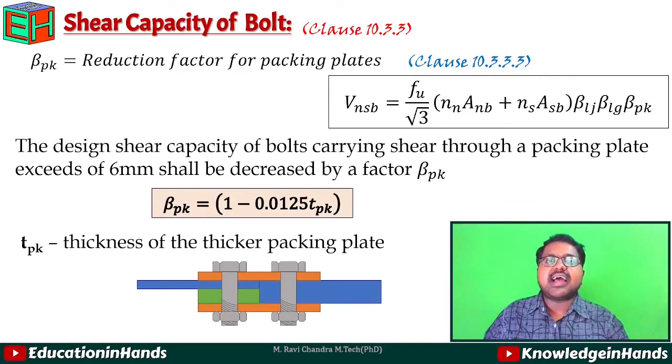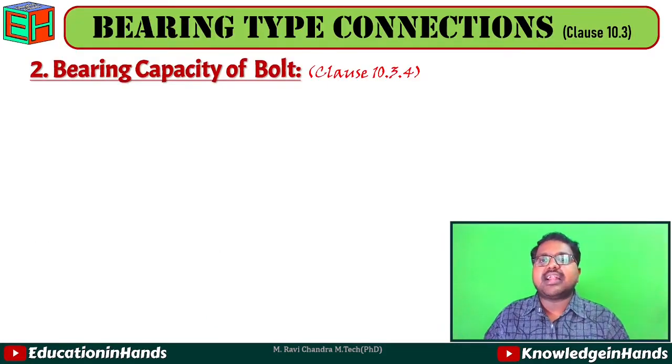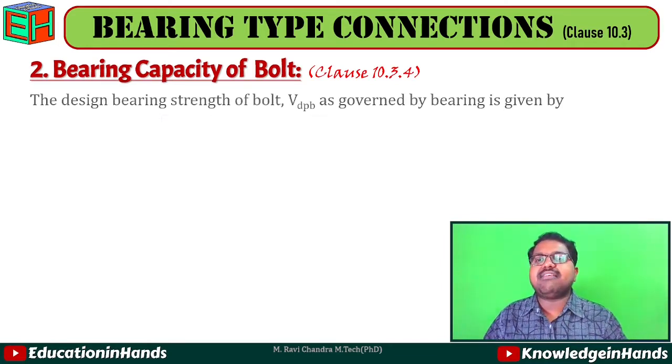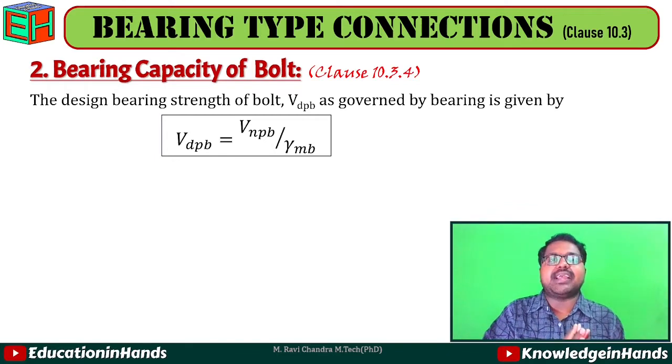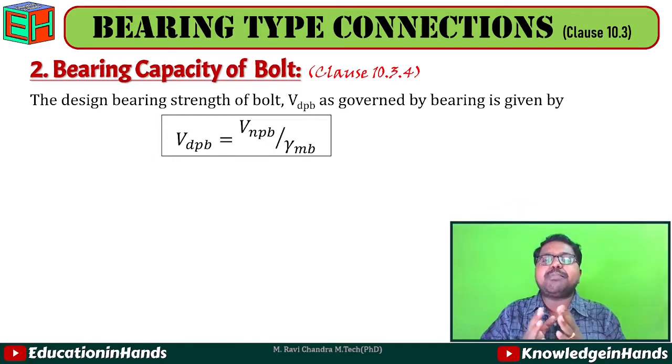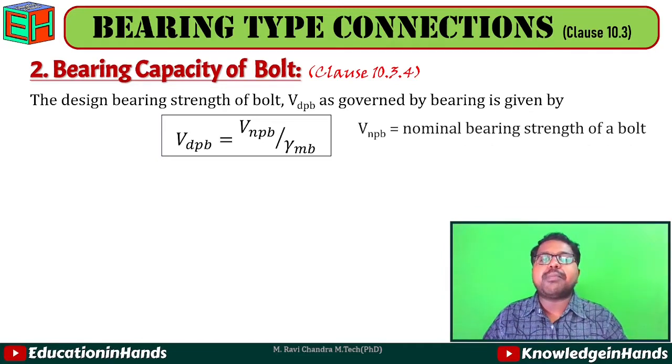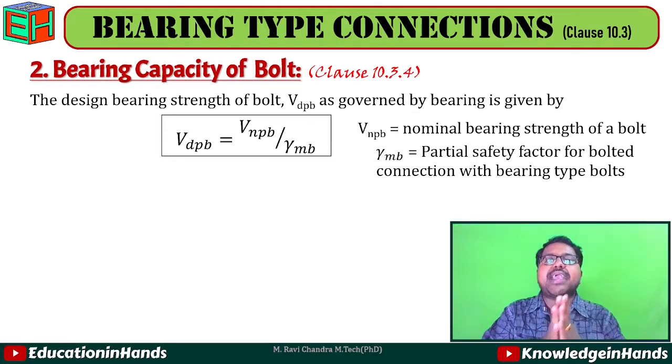Then the second failure condition is the bearing capacity of bolt, as per clause 10.3.4. The design bearing strength of bolt VDPB, as governed by bearing, is VDPB equal to VNPB by gamma MB. Here VNPB is the nominal bearing strength of the bolt, and gamma MB is the partial safety factor.